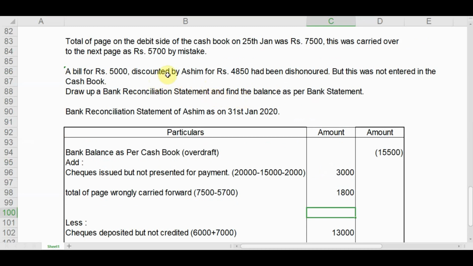Again, the next adjustment: a bill for rupees 5,000 discounted by Ashim for rupees 4,850 had been dishonored, but this was not entered in the cash book. So when a bill is dishonored, the bank will collect the full amount of the bill irrespective of the amount at which it discounts the bill.